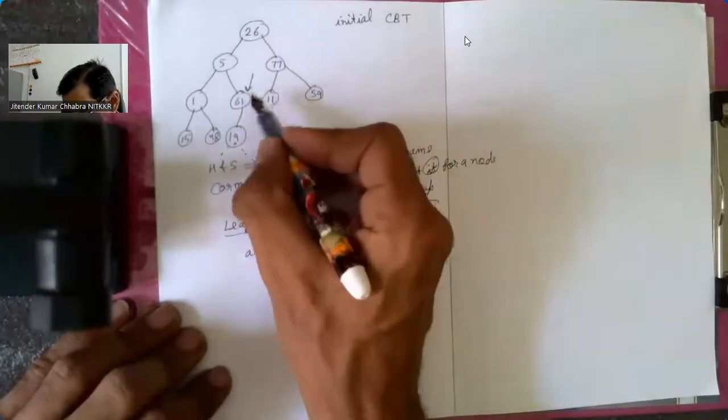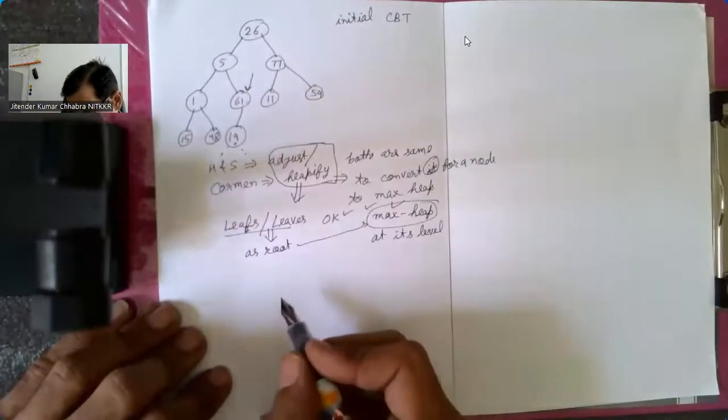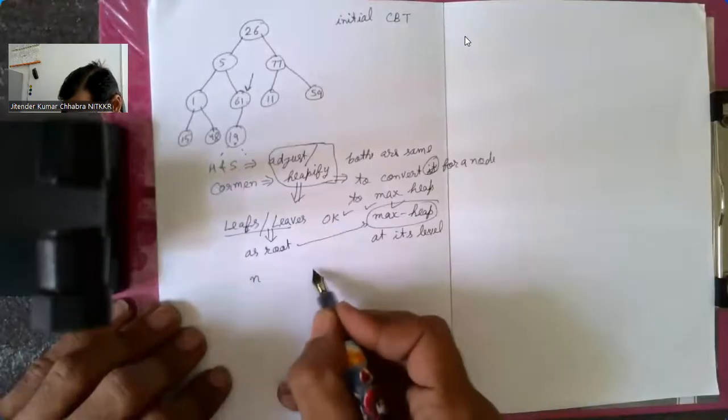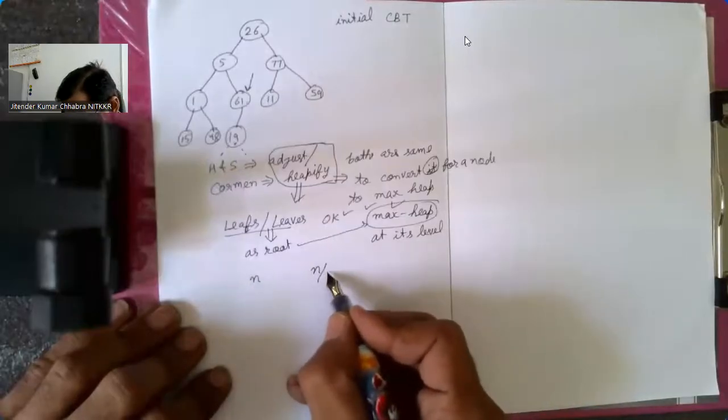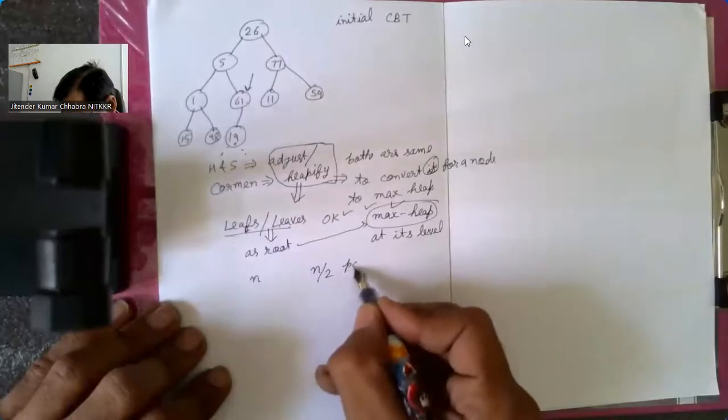The first node which is non-heap is this one. Effectively, if I have n nodes, the last node's parent is at index n by 2.